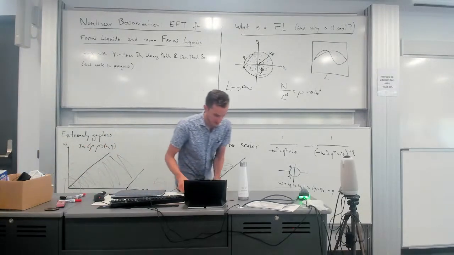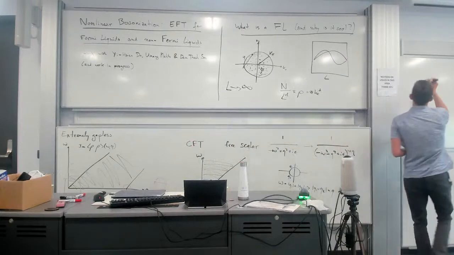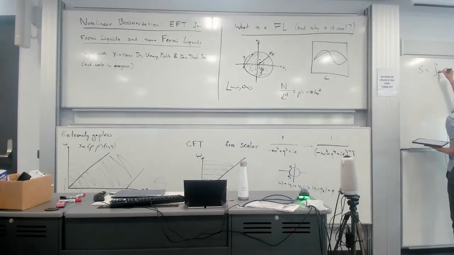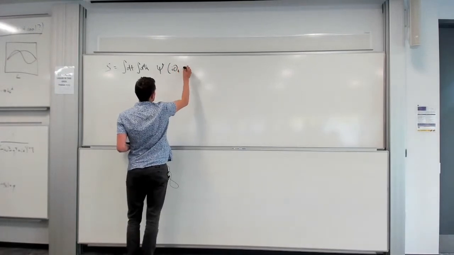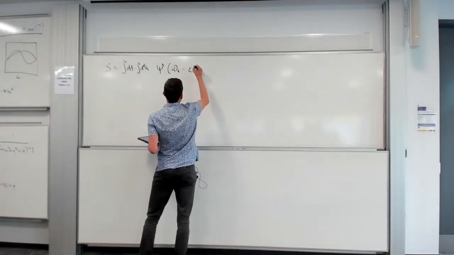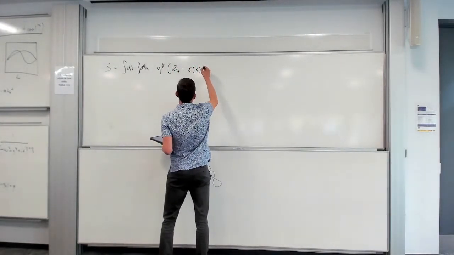So just to sketch how you would see it, you can take free fermions and write it like this, with some arbitrary dispersion relation.